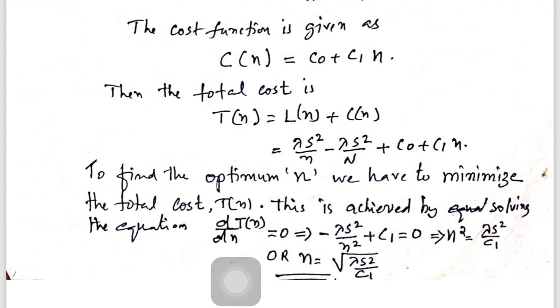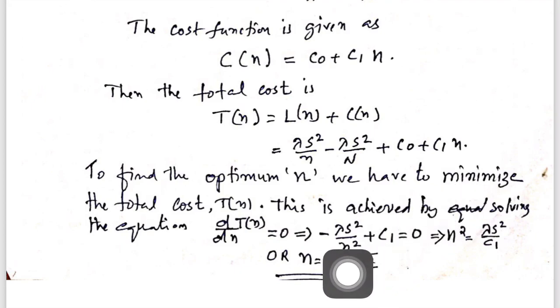It is a method of optimizing, either minimizing or maximizing. Here we want to minimize, and we equate d by dn of T of n equal to 0. When you differentiate this, lambda into S square is a constant, and the only variable for differentiation is small n, and the first term when differentiating will give you minus lambda into S square by n square. The second term is constant, third term is also a constant, but the fourth term is a function of n, and when differentiating with respect to n, it will be C1.